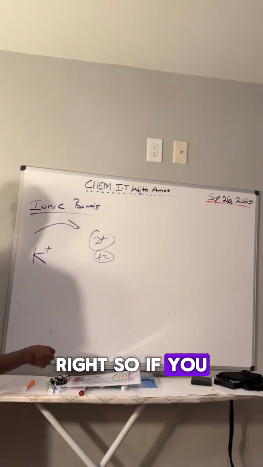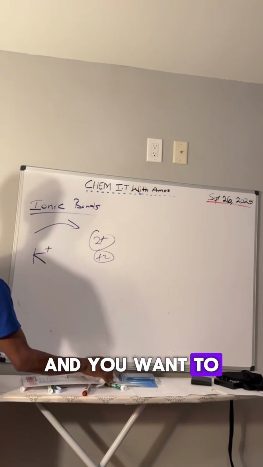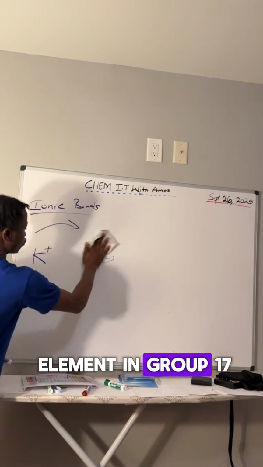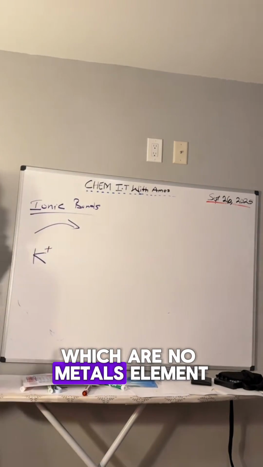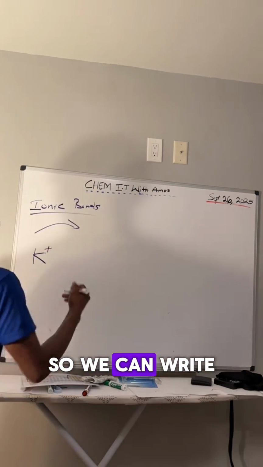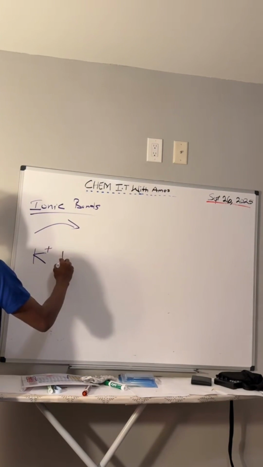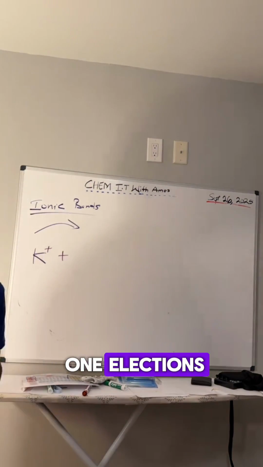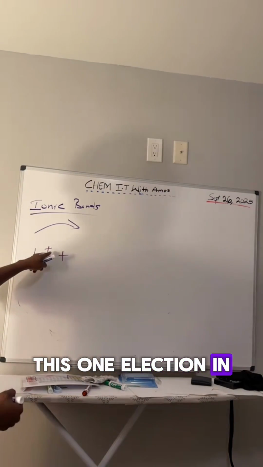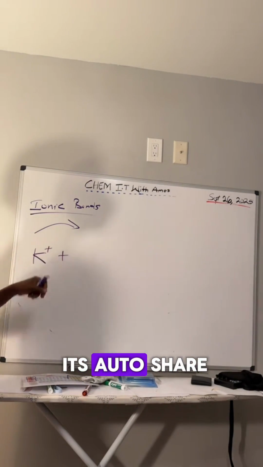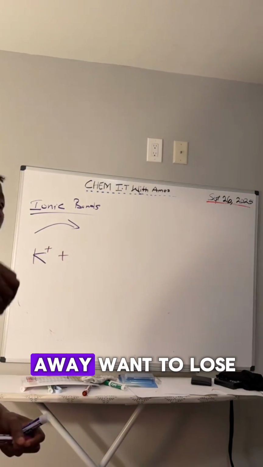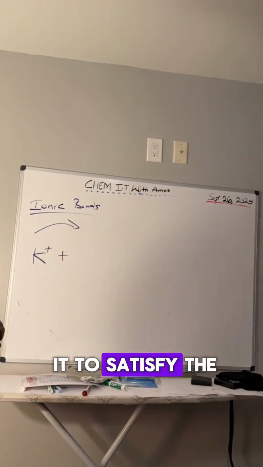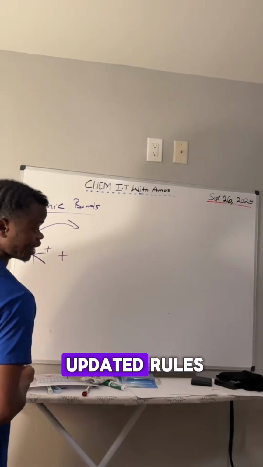So if you pick an element in group 1 and you want to form a bond with an element in group 17, which are non-metal elements, we can write this right here. We say plus. Remember, this element wants to give away only one electron. Just one electron in its outer shell, it wants to lose it to satisfy the octet rule.